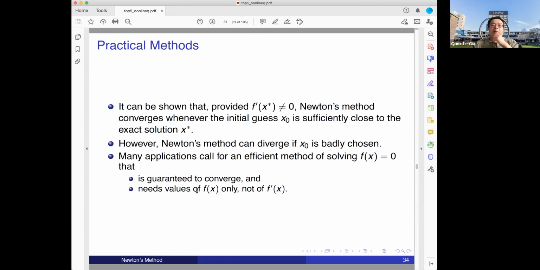You have the values of the function f only, and Newton method requires the derivative. If we know the function in a formula, we can find the derivative. But if the function comes from another program, especially in engineering, from another software, then how can you find the derivative?